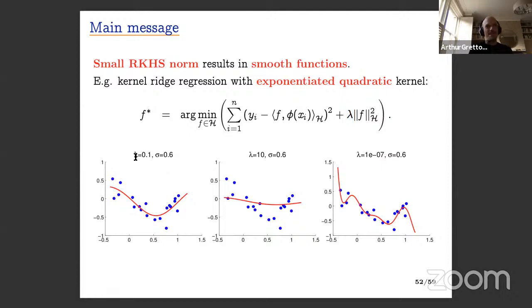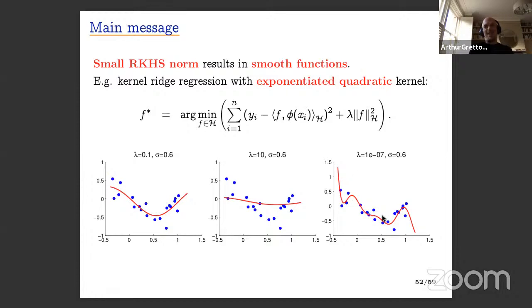So here's an illustration. Lambda is 0.1 in this plot, and the function is a pretty good match to my data. I'm not fitting the noise, I'm just fitting the signal. Here lambda is 10 in the middle. Now when lambda is 10, I've required that my function be very smooth. I've really forced myself to penalize roughness here, and you can see that my function is almost flat. Now here I've got 10 to the minus 7 as my lambda.